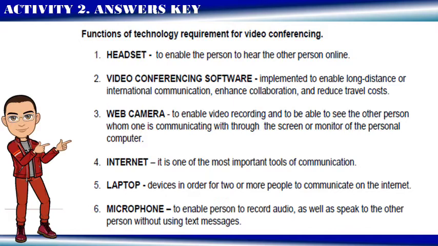And laptop device in order for 2 or more people to communicate on the internet. And number 6, microphone to enable person to record audio as well as speak to the other person without using text messages.